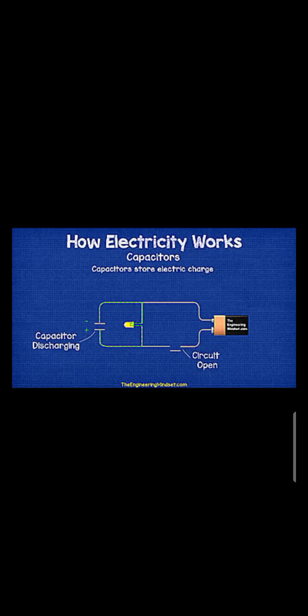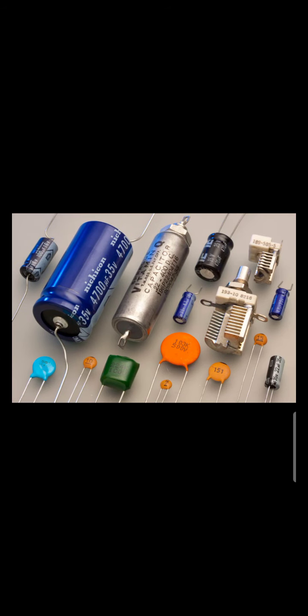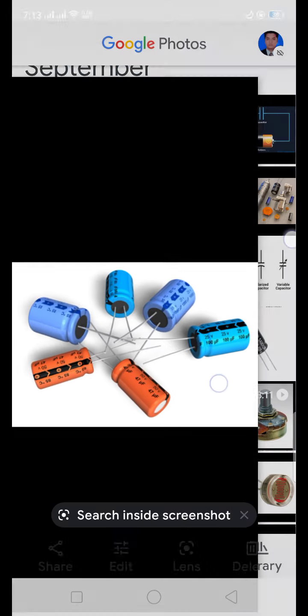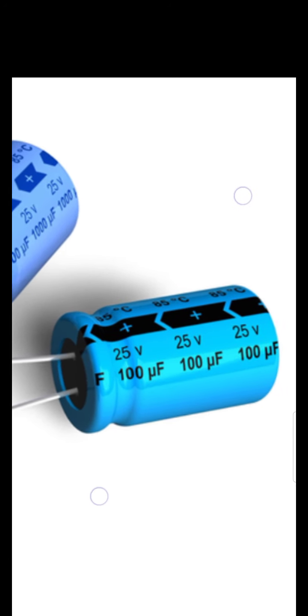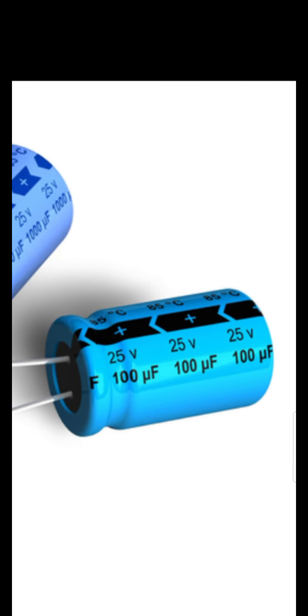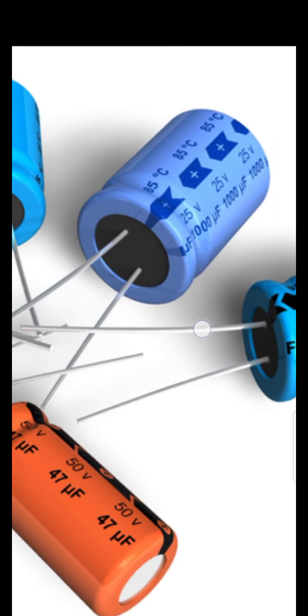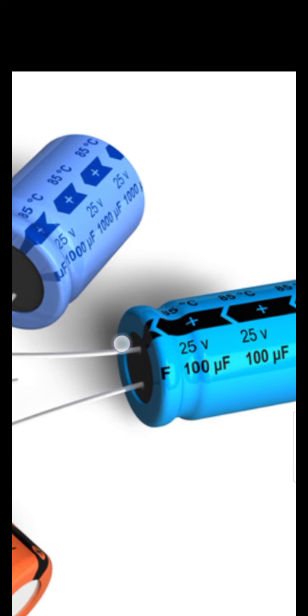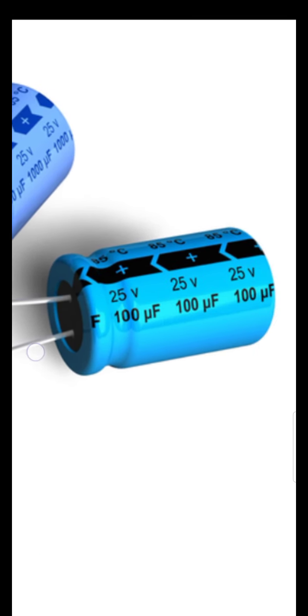I'm going to show some examples of polarized capacitors. These all are non-polarized capacitors. Polarized capacitors look like this shape. This is our polarized capacitor because there is a plus sign, meaning the wire connected to the plus sign is the positive terminal, and the other one is the negative pole.